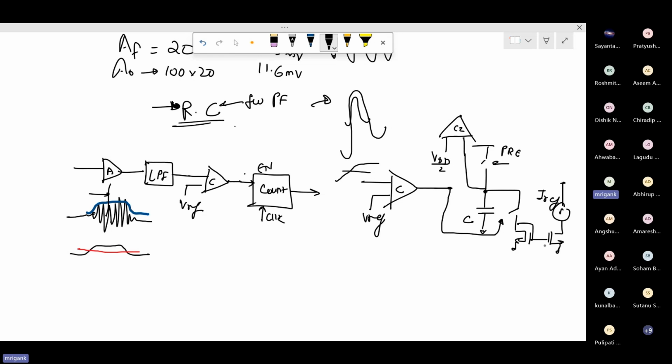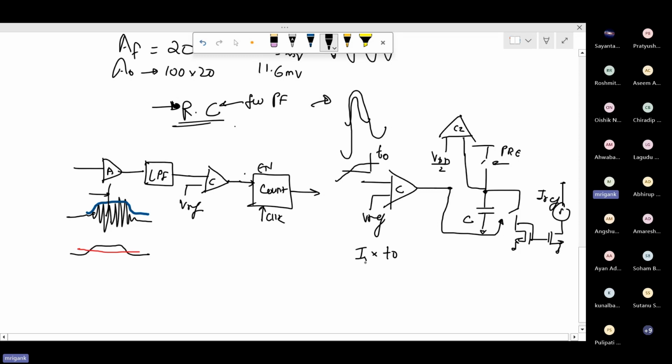So the current and the capacitor have to be decided such that within the duration T naught, it should be able to declare a seizure. If the envelope remains higher beyond T naught, it should detect it as a seizure. So what is that condition? C dV by dt equals I, so I dt is the charge.